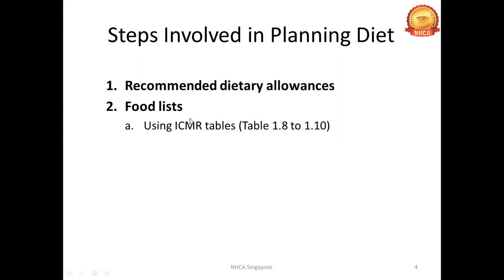So is it clear how to use the ICMR table? And table 1.10 also: when you're dealing with an adult, you have to look further. Is it a sedentary lifestyle person, moderate, or a heavy work lifestyle person? Based on that, you can check table 1.10.